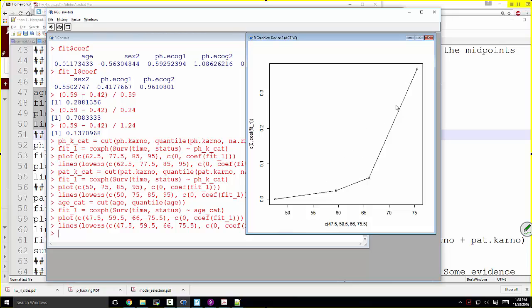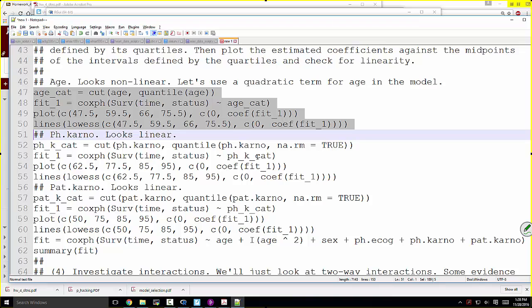I think the ideal thing to do is to make your model flexible enough to accommodate this apparent nonlinearity. So that's what I'm going to do in my solution here.